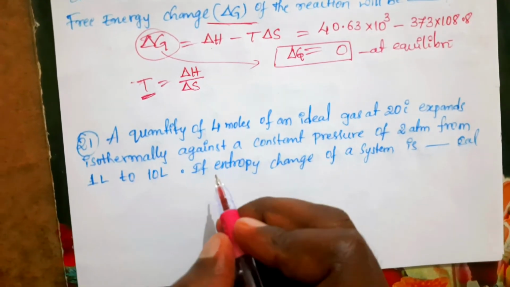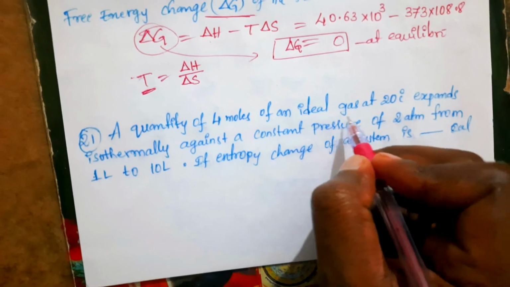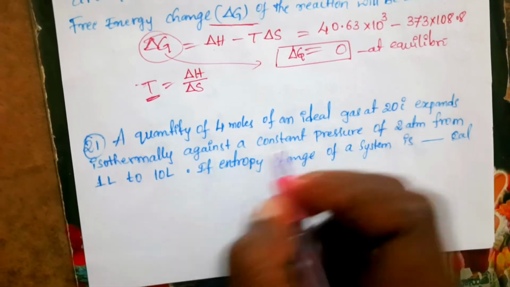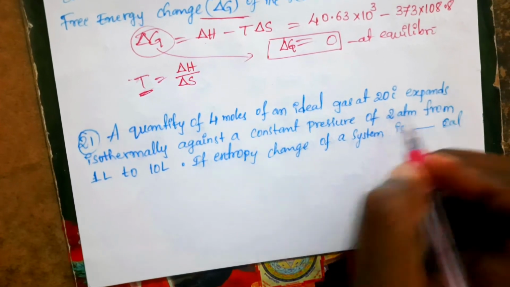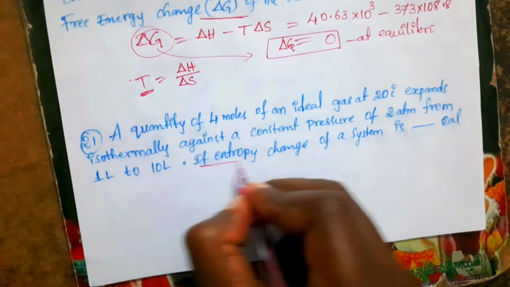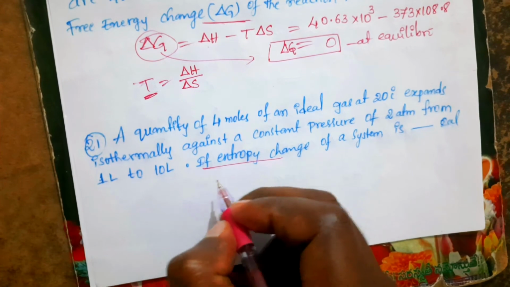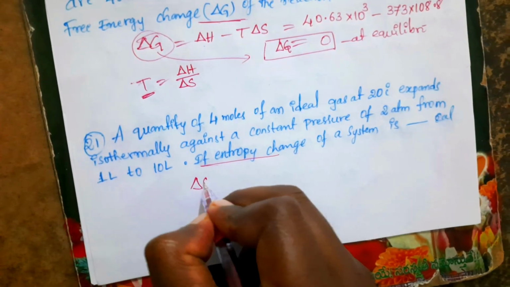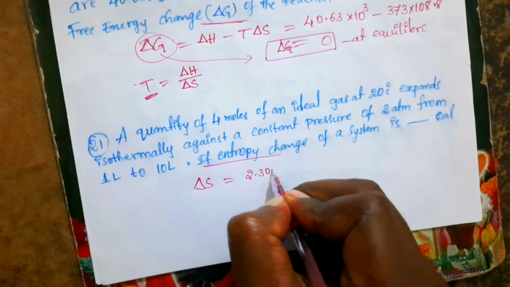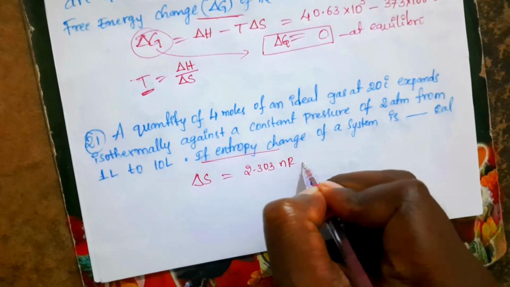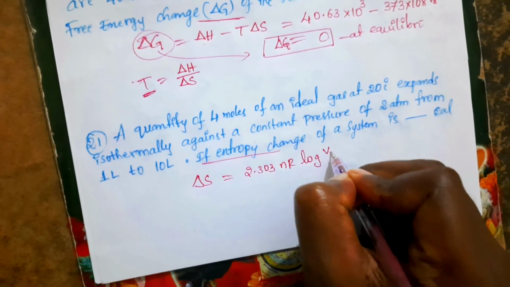Now a quantity of 4 moles of an ideal gas at 20 degrees Celsius expands isothermally against a constant pressure of 2 atmosphere from 1 liter to 10 liter. Entropy change of the system in calories is asked, and entropy change will be given as 2.303 nR log V2 by V1.